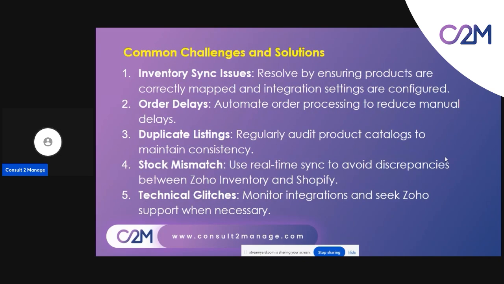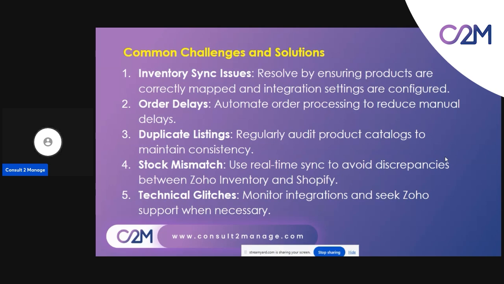What are the common challenges and solutions? Well, there are multiple common challenges and multiple solutions for those challenges. First of all, inventory sync issues, order delays, duplicate listings, stock mismatch, and technical glitches. Inventory sync issues are resolved by ensuring products are correctly mapped and integration settings are configured. For order delays, we automate order processing to reduce manual delays.